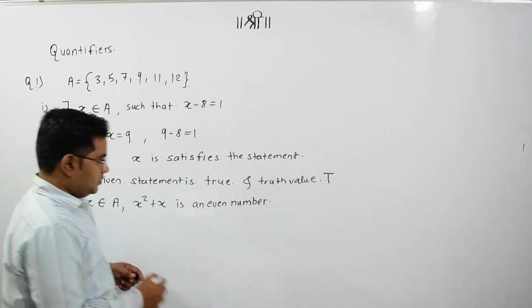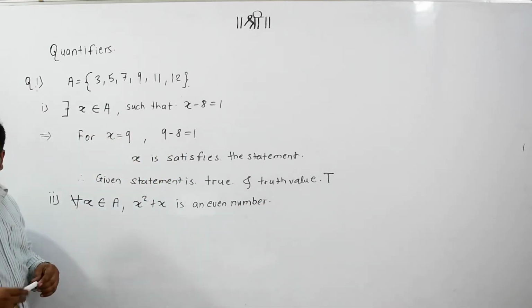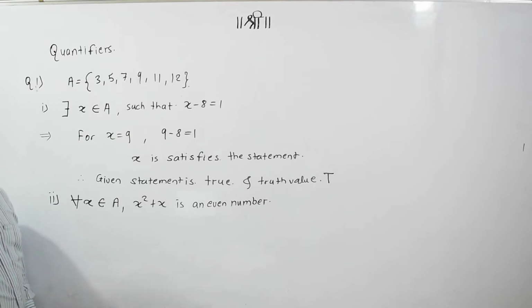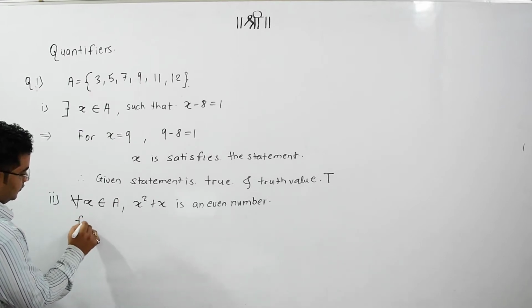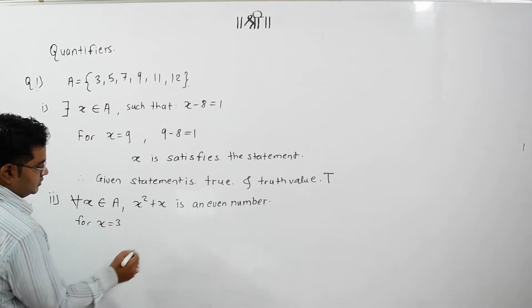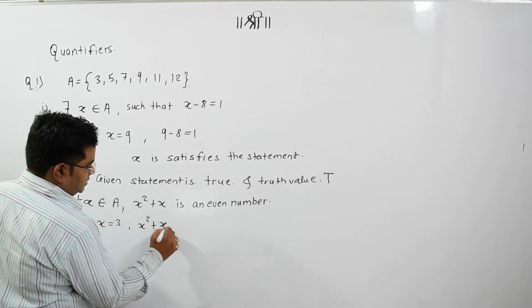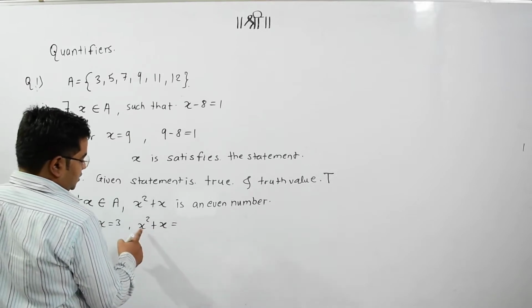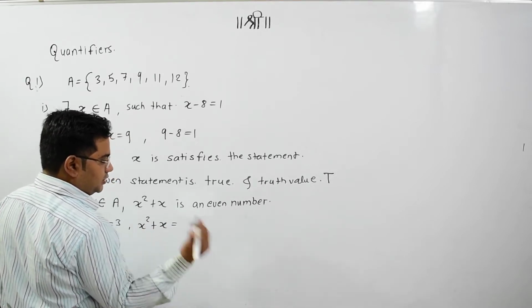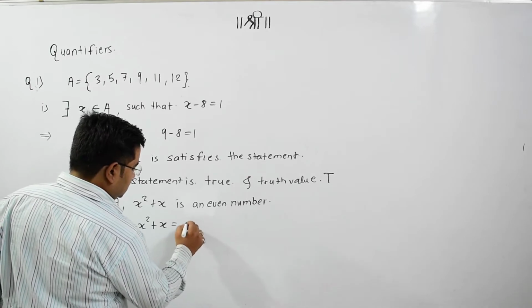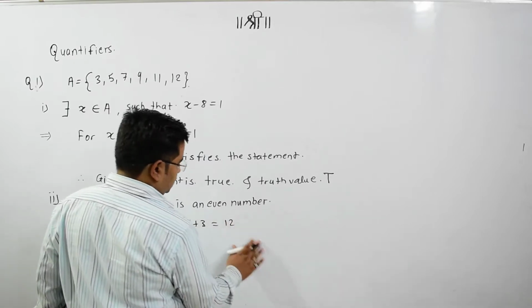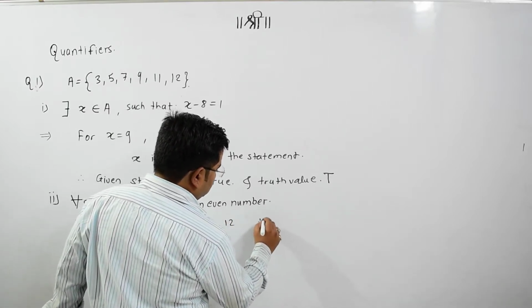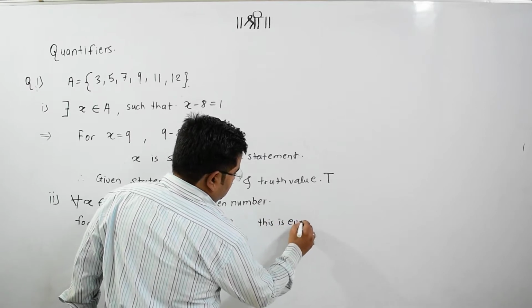Now if you focus on this quantity, we can see that for all the values of x, if we choose 3, let's start with x is equal to 3, x square plus x is equal to how much? We need to find it out. So 3 square will be 9, 9 plus 3 will be 12, which is true. So this is an even number.